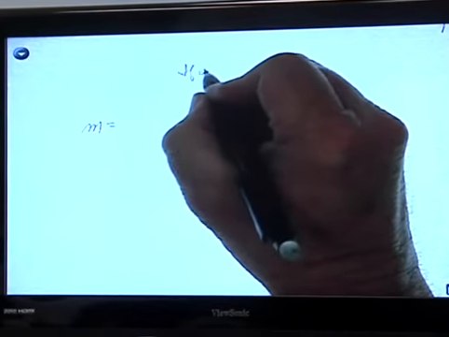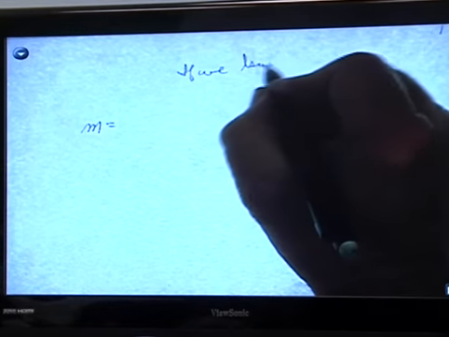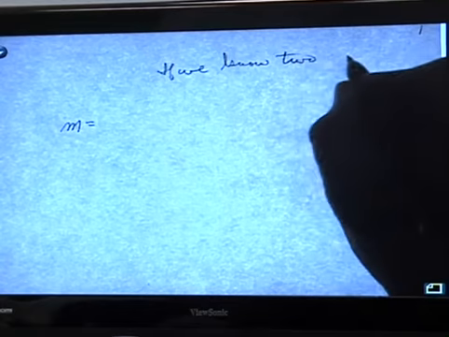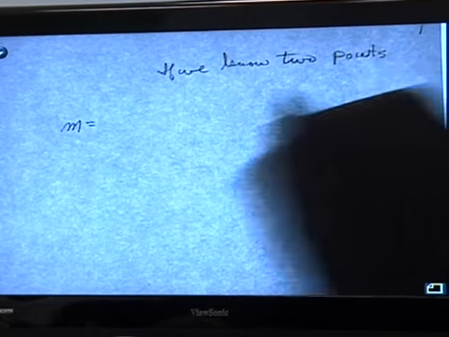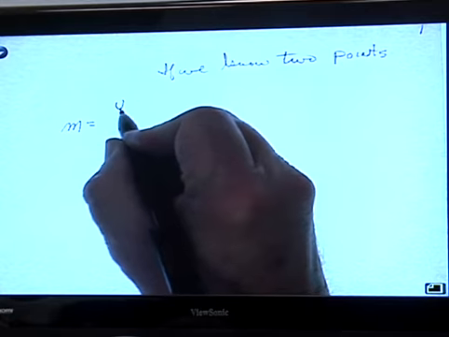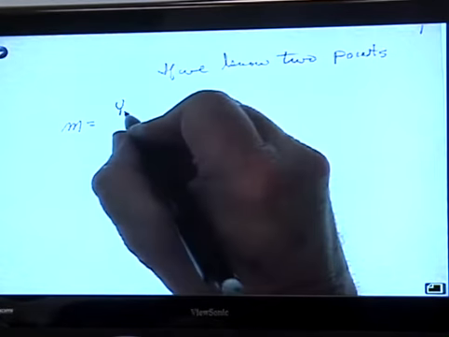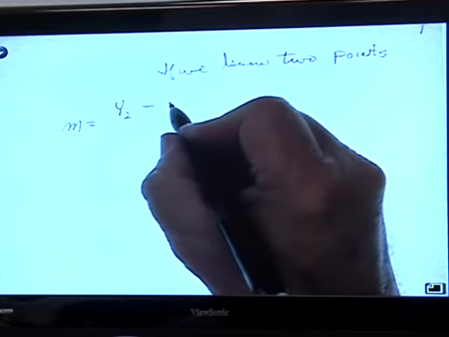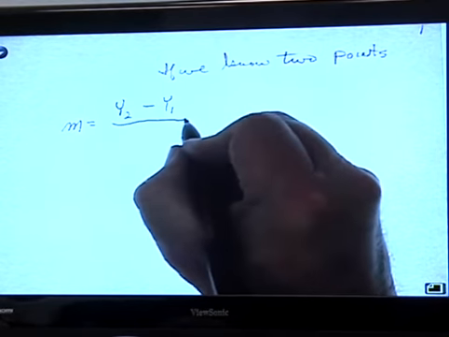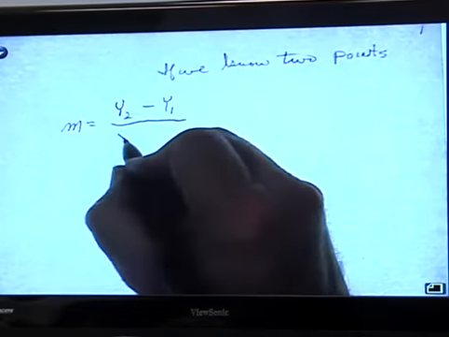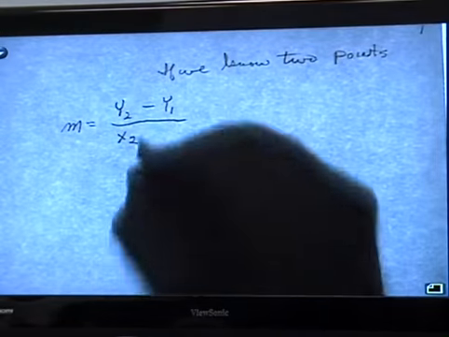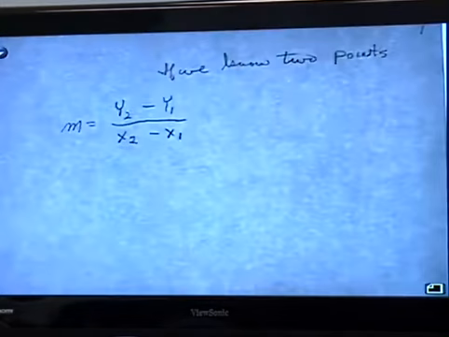We know from our studies the last couple lessons that we can figure out the slope of the line if we know 2 points. The slope m equals the y value for the second point minus the y value for the first point divided by the x value of the second point minus the x value of the first point.